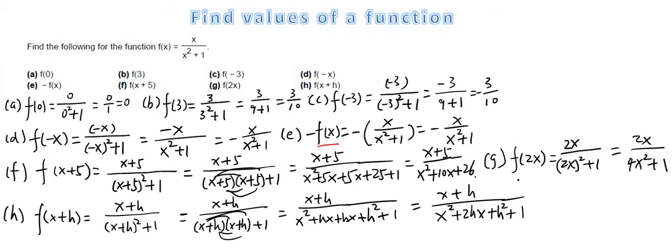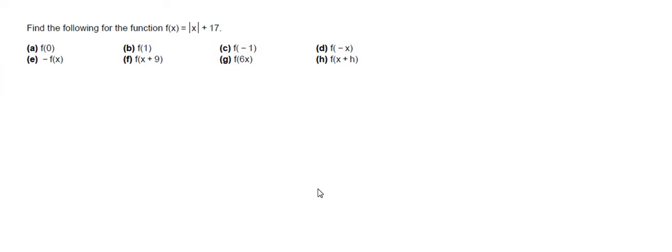Now let's take a look at the second example. For the second example, we have function f(x) equals absolute value x plus 17. What's the meaning of absolute value of x?